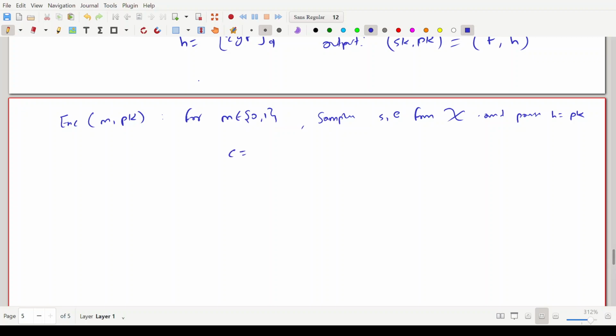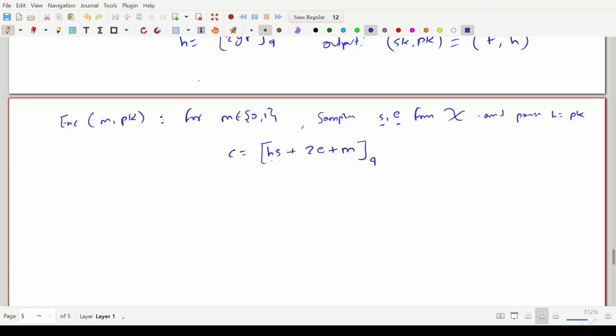Your c is hs plus 2e plus m modulo q. This is your ciphertext. First, I sampled two polynomials s and e from this chi distribution, and by using my public key, I multiply h into s, plus 2 times this error polynomial, plus m. m is my message. This is the encryption.